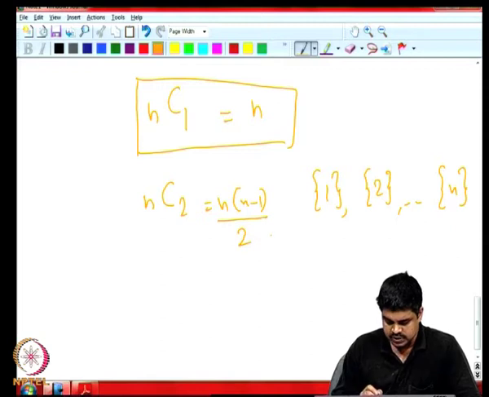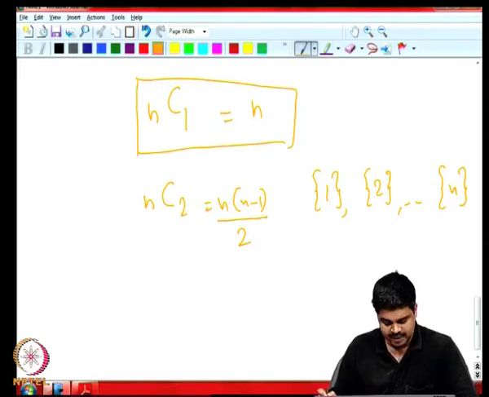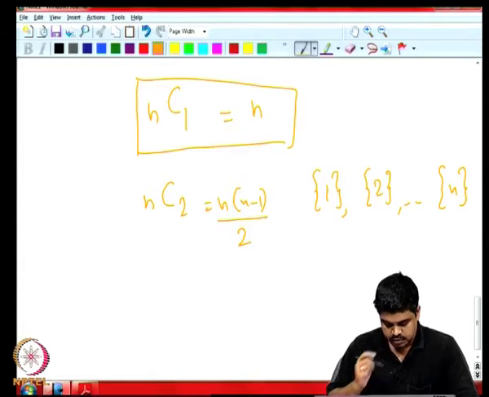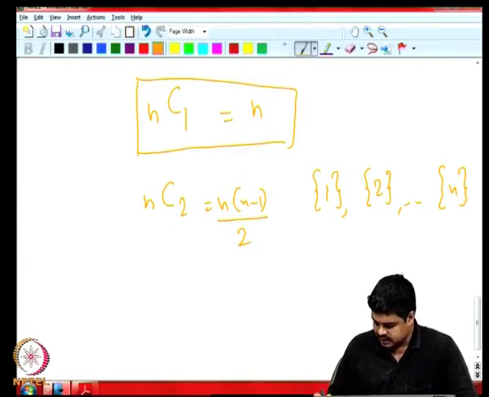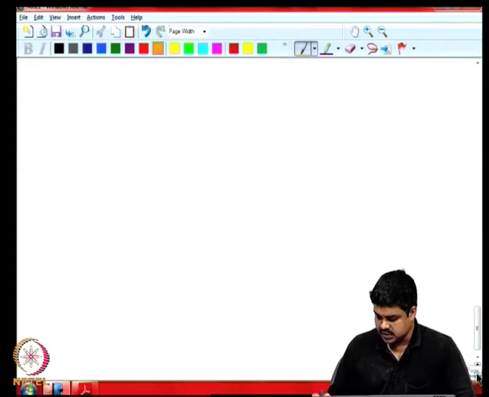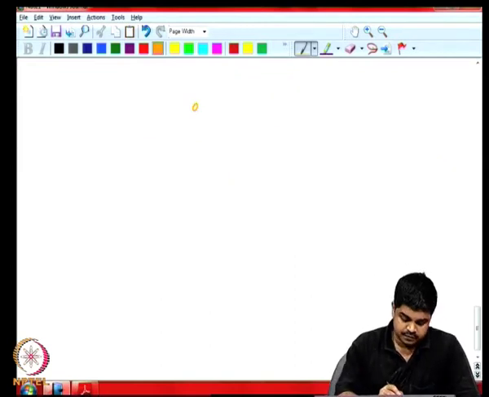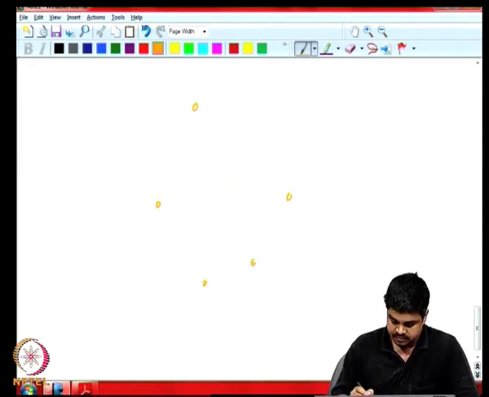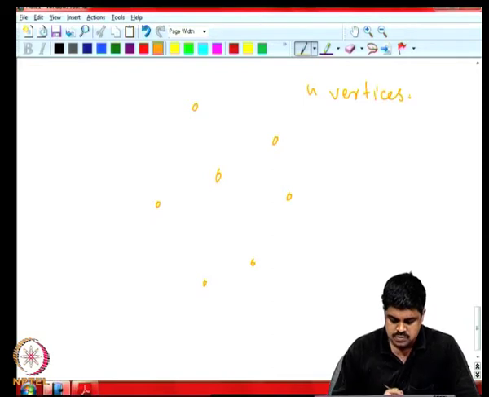So this is also easy to see, it's just a way of picking 2 elements from n things. So for instance we can ask, given a graph on n vertices, and we are considering simple graphs, no multi edges, no self loops.